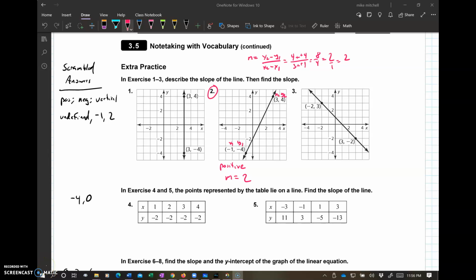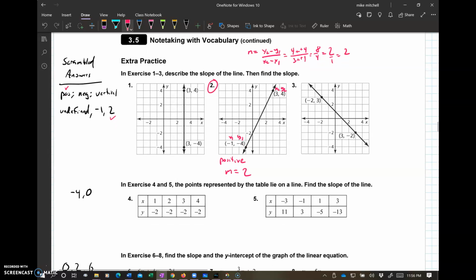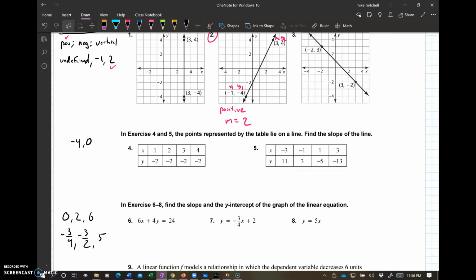I should also note I do have some scrambled answers on this page. There's my positive answer. There's my 2, so I can check those. Now 4 and 5, this is using slope as change in y over change in x. Remember that means change in x.